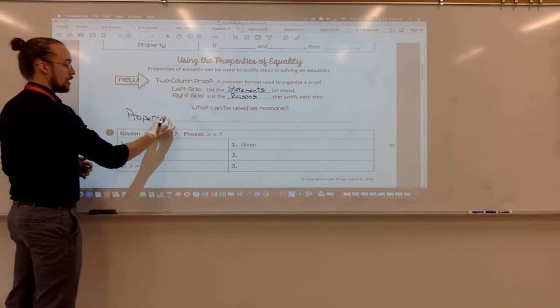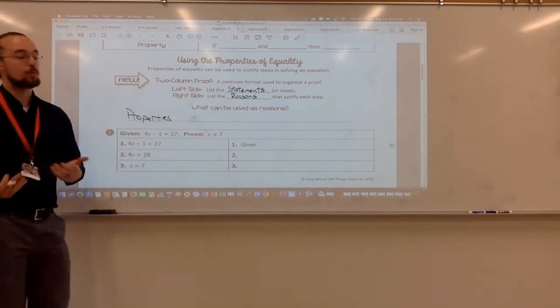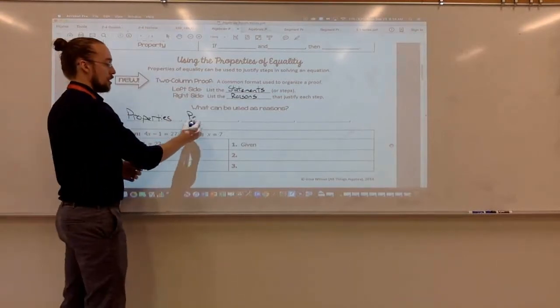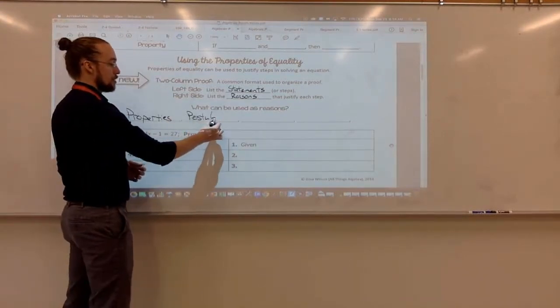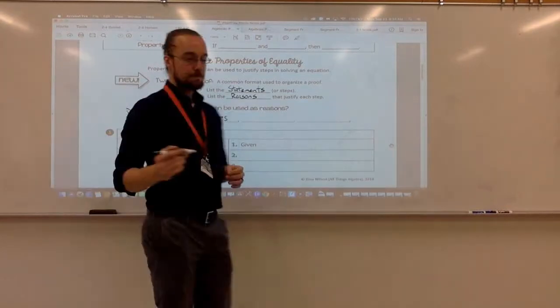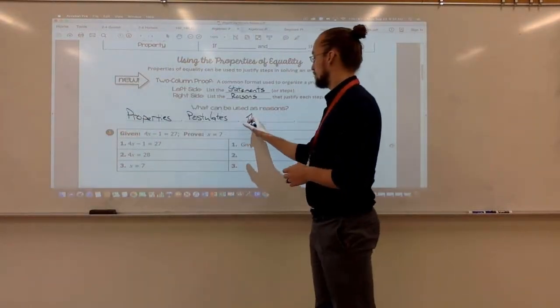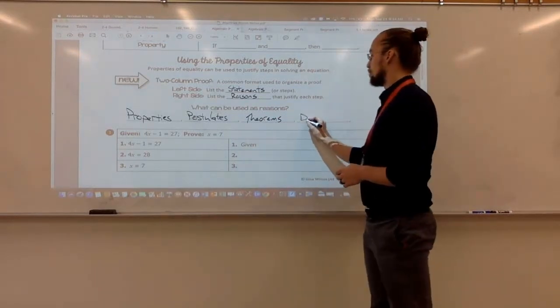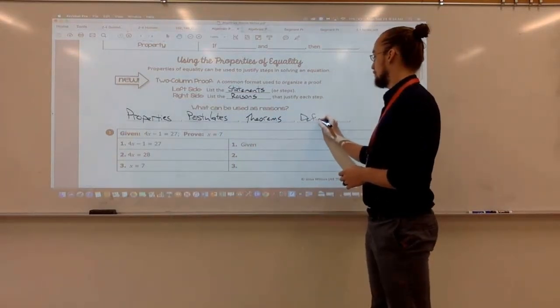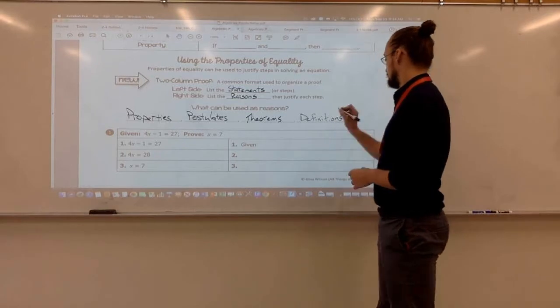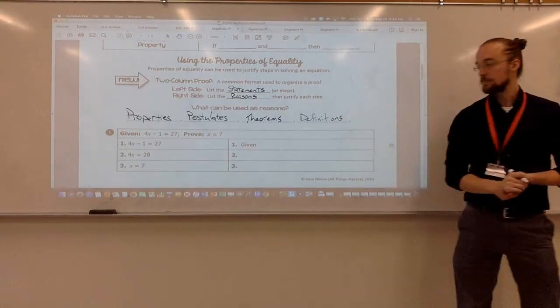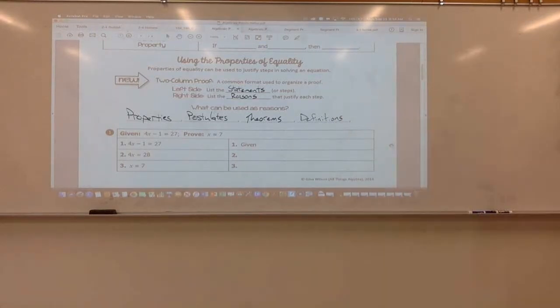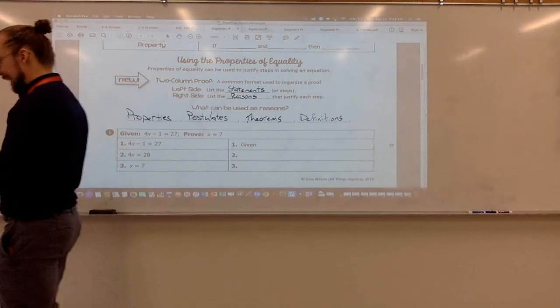But once we start getting into more geometric proofs, we'll also use things that are called postulates, theorems, and also definitions. So when we're writing a two-column proof, we will always be given some information.